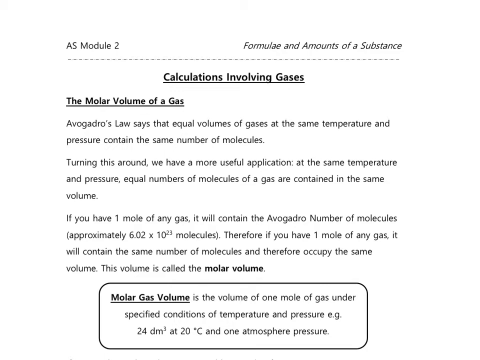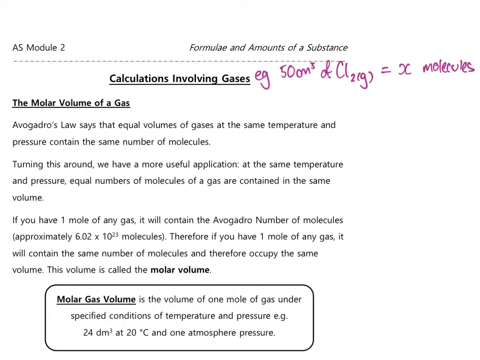So Avogadro's law says that equal volumes of gases at the same temperature and the same pressure contain the same number of molecules. So say, for example, we had 50 centimetres cubed of chlorine gas, Cl2. That would contain X molecules. Now, we could work out how many there are, but just say for now that we have X number of molecules.